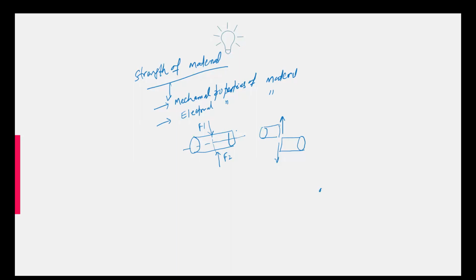Strain is calculated by how much a dimension on your model changes due to the load applied, divided by its original dimension: change in length upon original length, that is what you call strain. These are all determining factors you also have to compute, and the elastic limit corresponds to the maximum load that can be applied with the material still exhibiting elastic behavior.